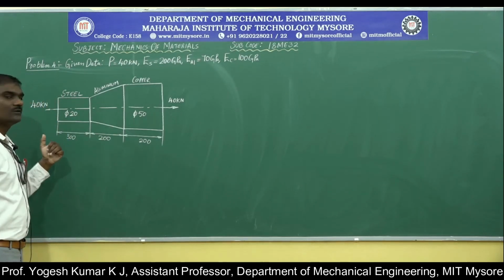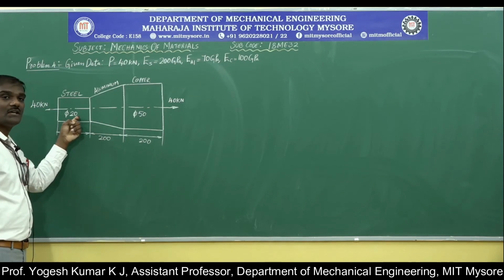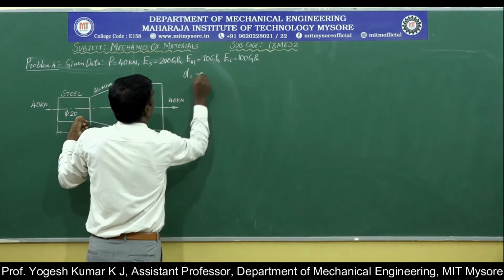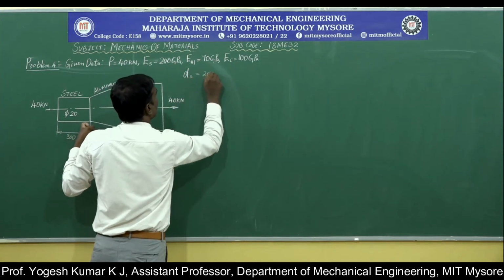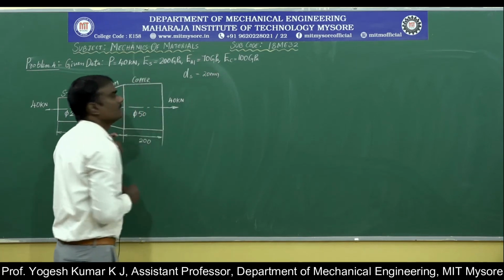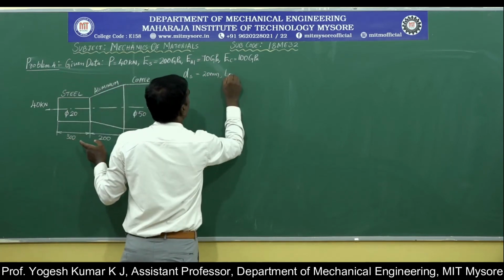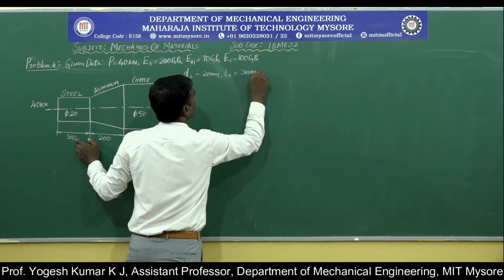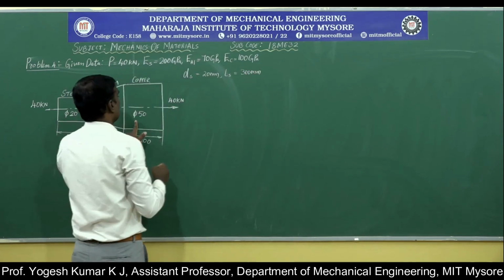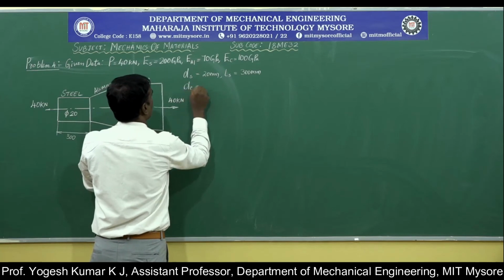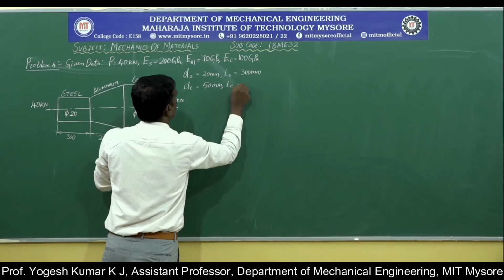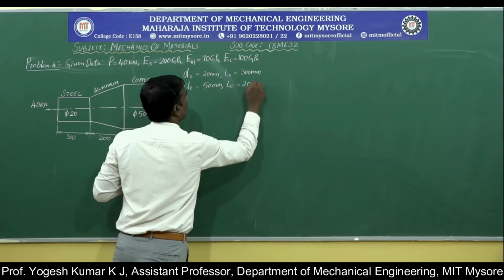Looking into the figure, we can write down the diameter of the steel, which I will denote as ds, as 20 mm, and the corresponding length ls as 300 mm. Then the diameter of the copper is given as 50 mm. The length of copper is 200 mm.